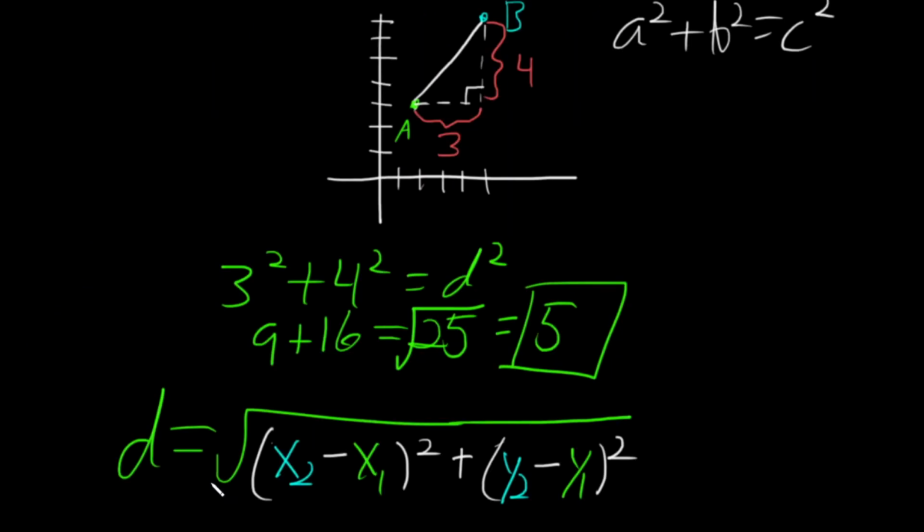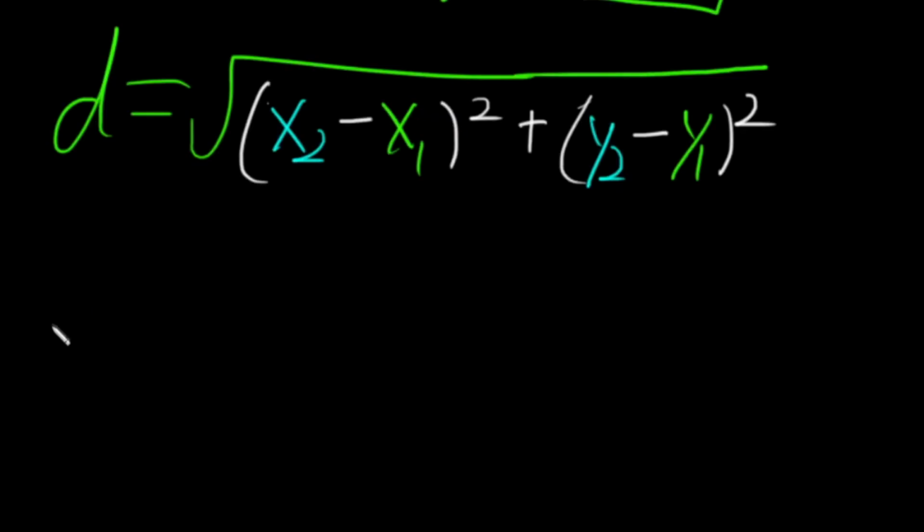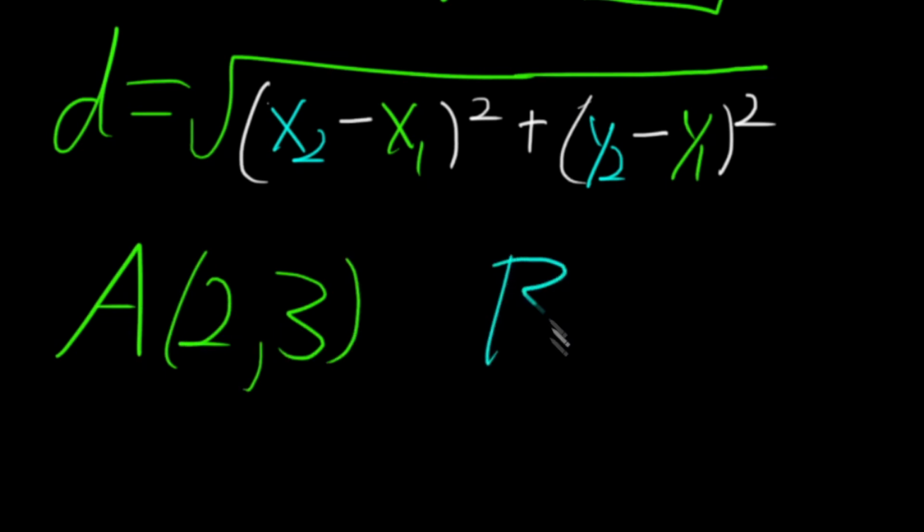All the distance formula is doing is finding the difference between the x values and y values, which is the same as finding how much you moved horizontally as well as vertically, just like we did up here. We're calling that point A was at (2, 3), and B was at (5, 7).